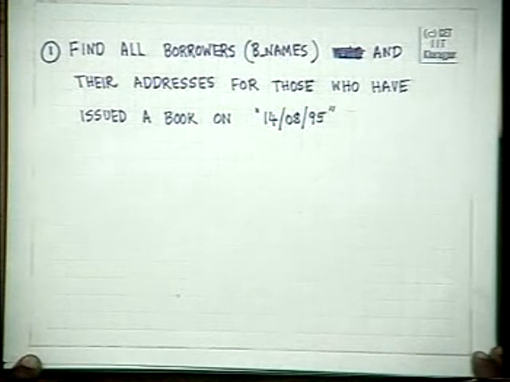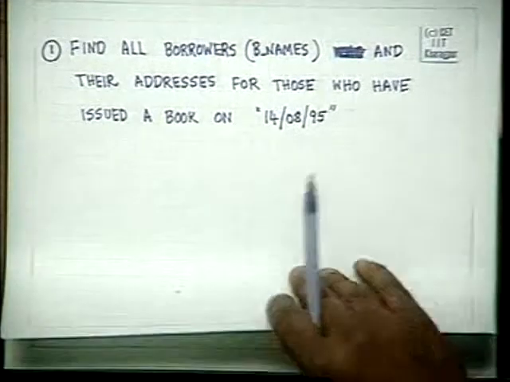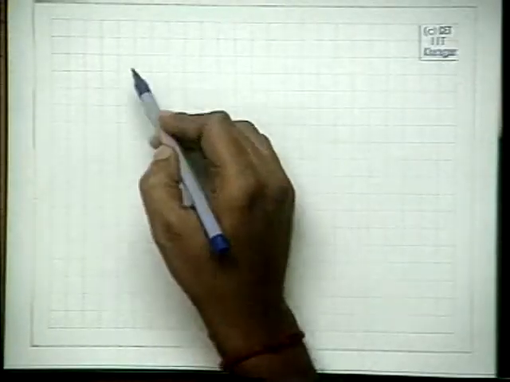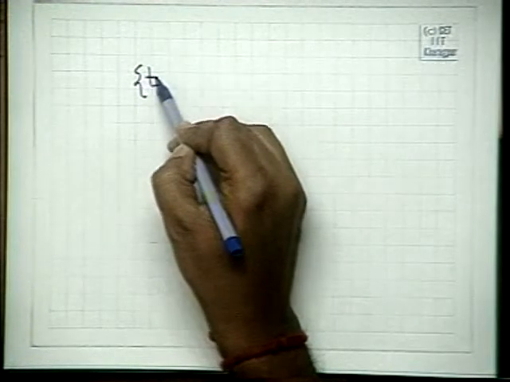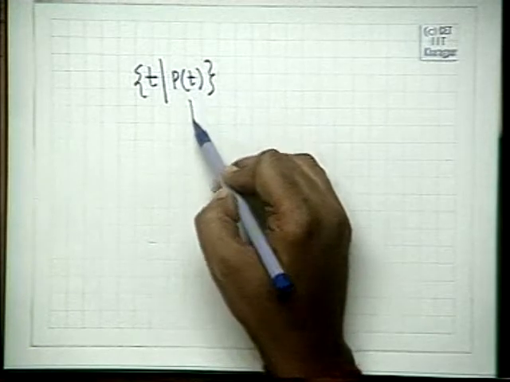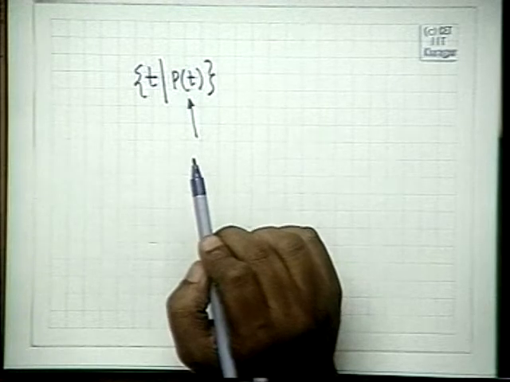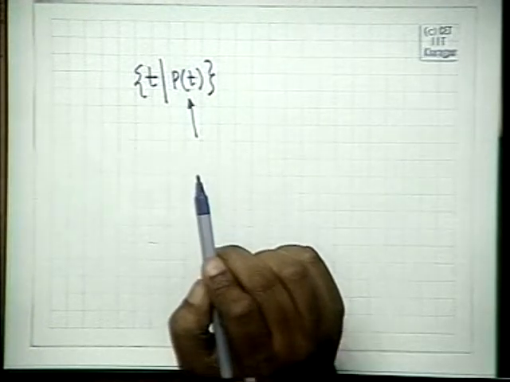Now let us try to solve some problems. Before solving these problems, we will quickly see that tuple relational calculus is expressed like this. This is a formal Boolean expression which returns true or false for every tuple.